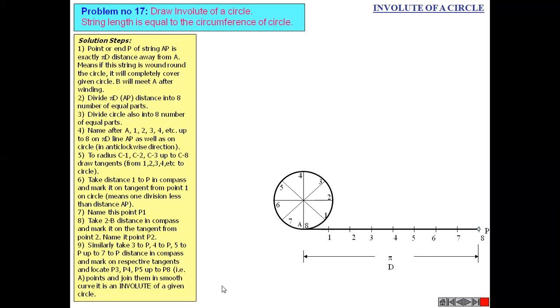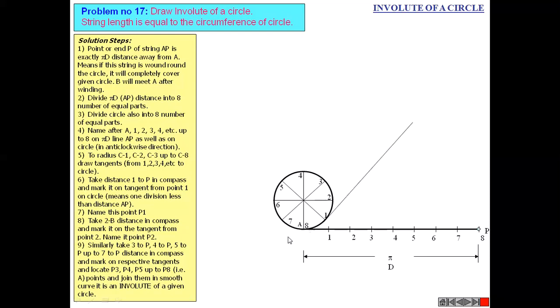And we have to give the numbers to these parts starting from 1 over here: 1, 2, 3, 4, 5, 6, 7, 8. The endpoint P will be equal to point number 8. Here also you can see your base point is point number 8.